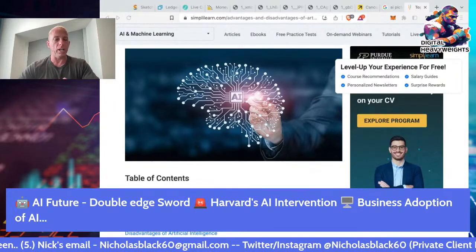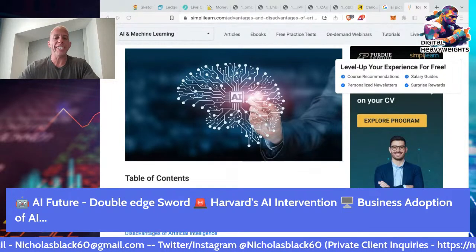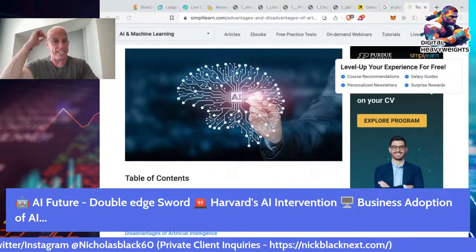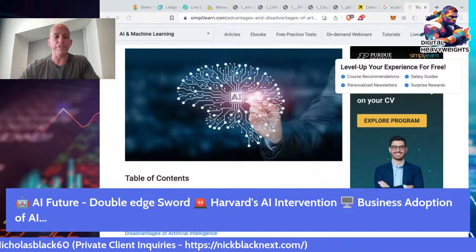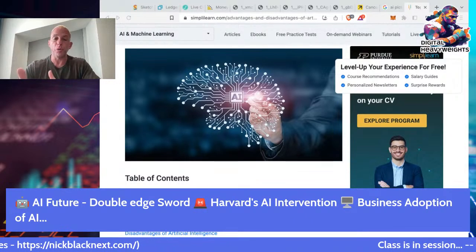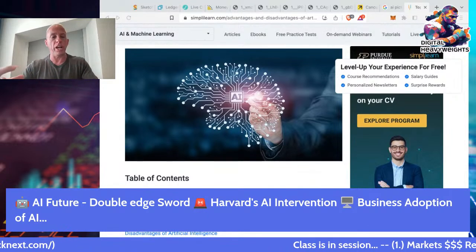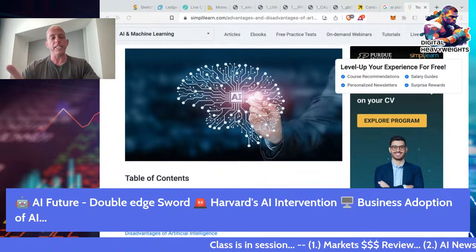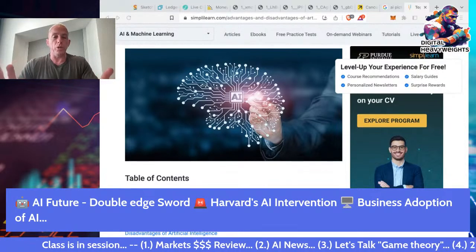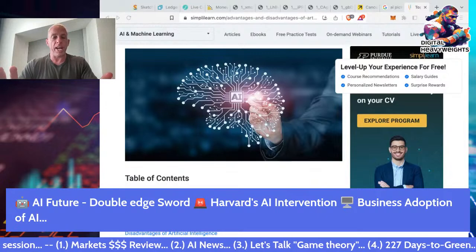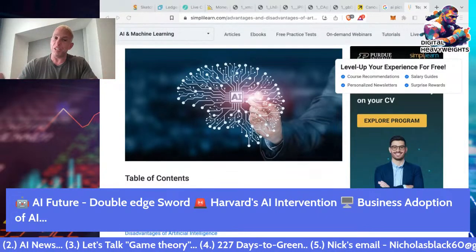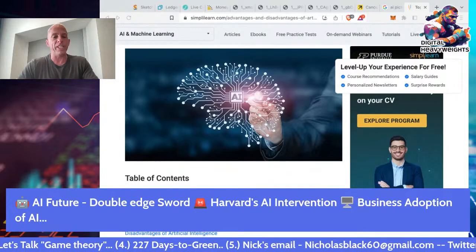All right, let's talk Harvard's AI intervention in education. Harvard, do tell. Harvard University is integrating its own generative AI, similar to ChatGPT, into its popular CS50 course to facilitate a simulated one-to-one teacher-student ratio. And this fosters individual learning styles. Why I think this is going to be really cool is because universities are going to have a huge shift that they're going to have to look at. The idea that people don't need universities anymore, there could be some pretty good, compelling arguments made for this.